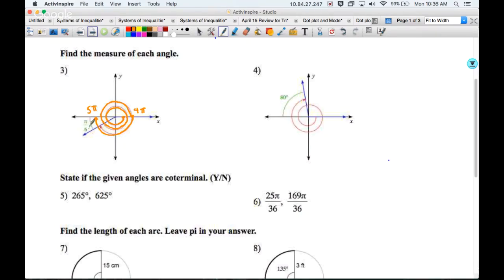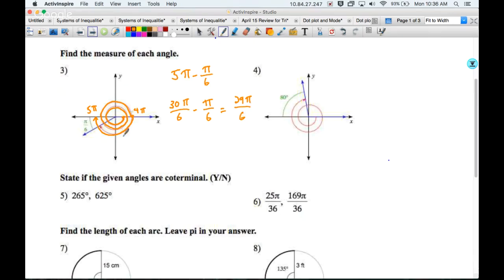But I have to take away this little bit because I didn't go all the way to that point. So I'm going to do the operation 5 pi minus pi over 6. Let me turn that into 30 pi over 6 minus pi over 6, which equals 29 pi over 6.